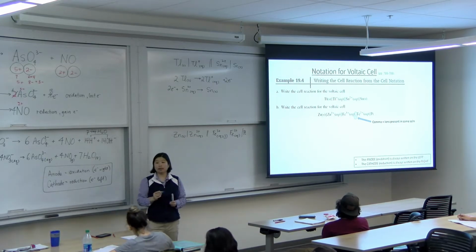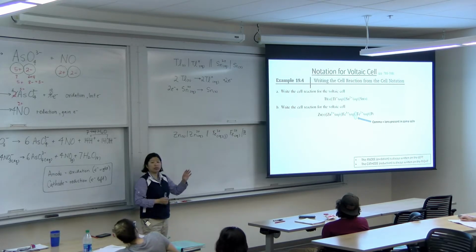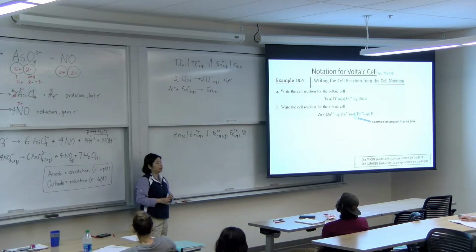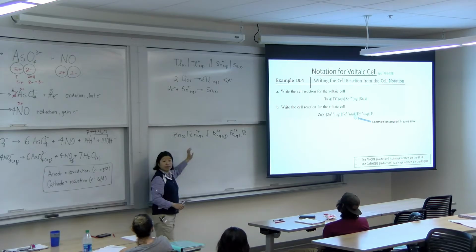Do you guys see that? Why is there a comma instead of a vertical line? What does the vertical line indicate? That means that's the anode.